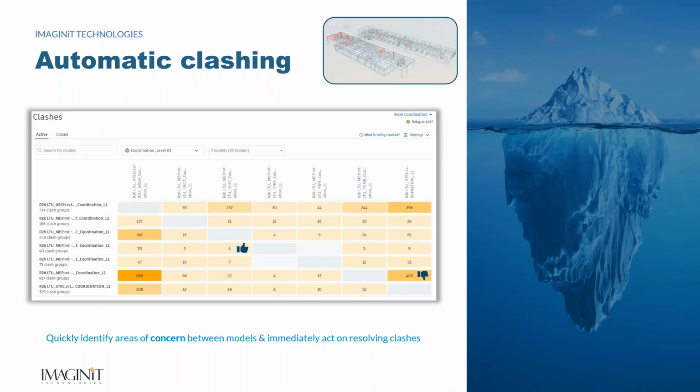With automatic clashing in Model Coordination, we can quickly identify disciplines that are wreaking havoc in your models and deal with those cases immediately, versus waiting to find out who the big offenders are. You can do this with this model matrix, and you can coordinate by levels, areas, or the full models. You can remove disciplines from the matrix. You have a lot of flexibility in understanding the health of your initial coordination project.